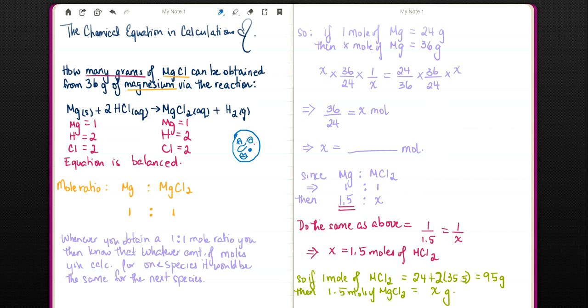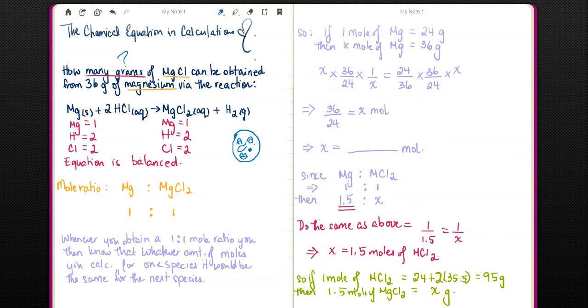So it says how many grams. So we know that we're looking for the grams, right? How many grams of magnesium chloride can be obtained from 36 grams of magnesium via the reaction? Via the reaction, we know that 1 mole of magnesium produces 1 mole of magnesium chloride. Whenever you obtain a 1 to 1 mole ratio, you know that whatever amount of moles you calculate for one species will be the same for the next species.